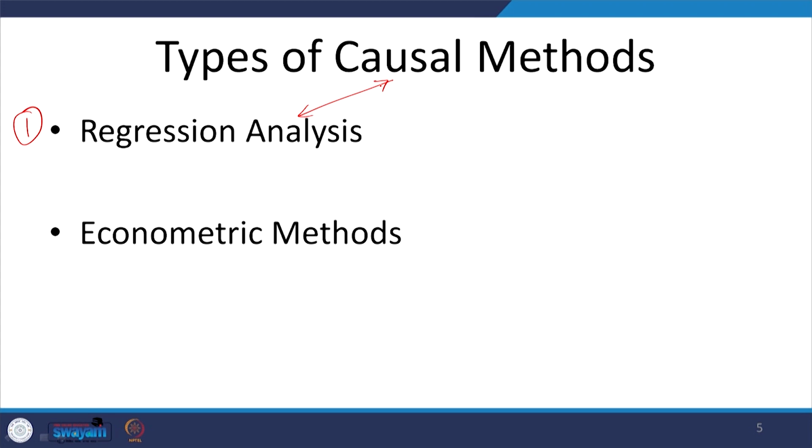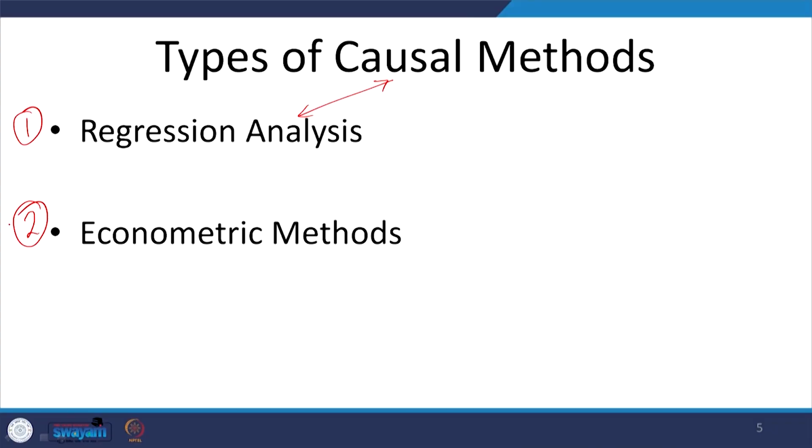Most of us feel that regression and causal are interchangeable, but it is important to understand that regression analysis is one type of causal method. The other type of causal method is econometric methods. So, these are the two most popular types of causal methods: regression analysis and econometric method.